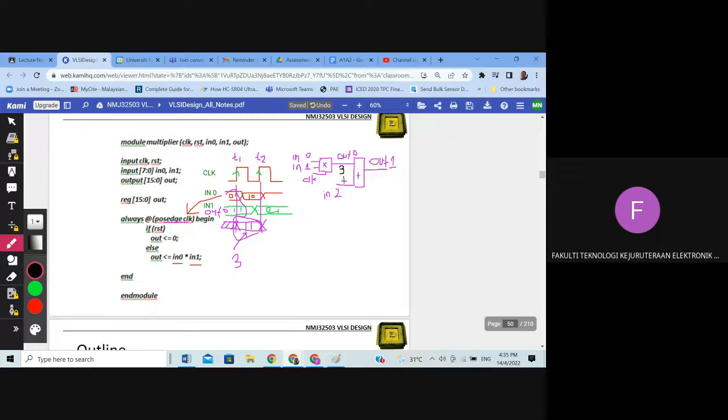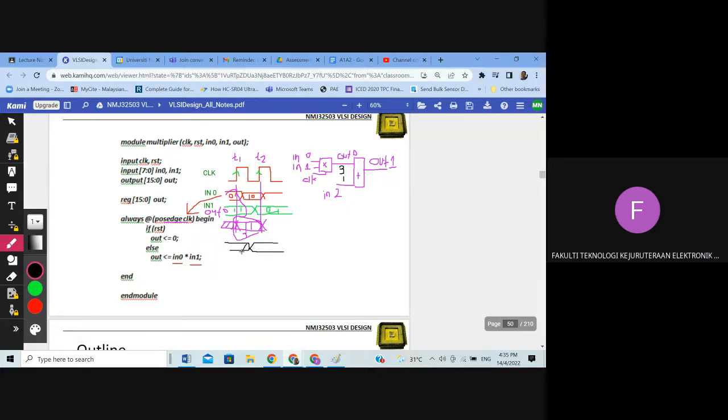Let's say the 1 arrives a bit late, somewhere here.